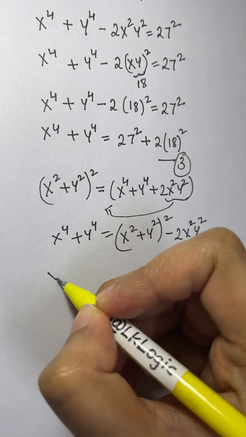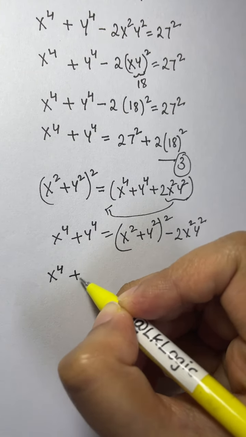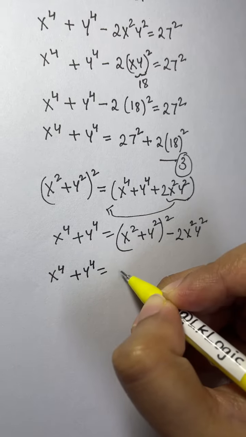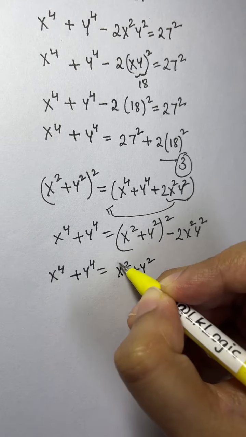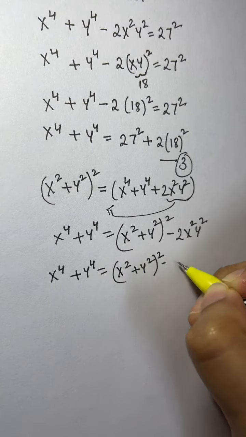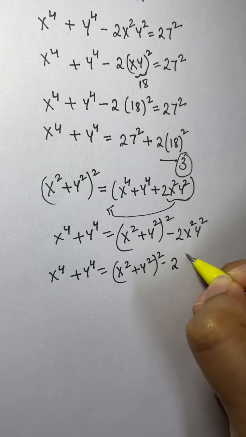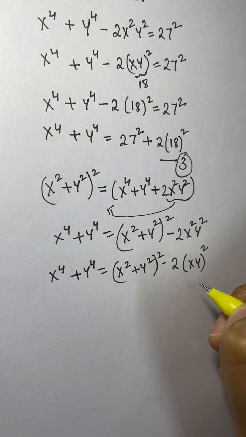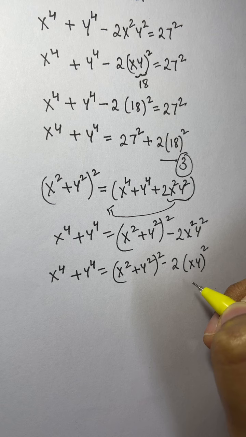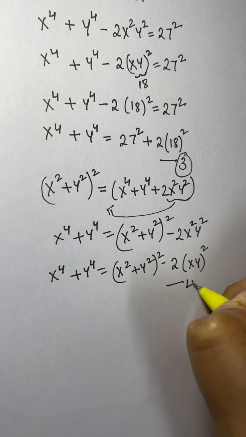Now let me write it down again. X to the 4 plus y to the 4 is equal to x square plus y square the whole square minus 2, and I can write this as xy the whole square. Alright, now let me name it equation 4.